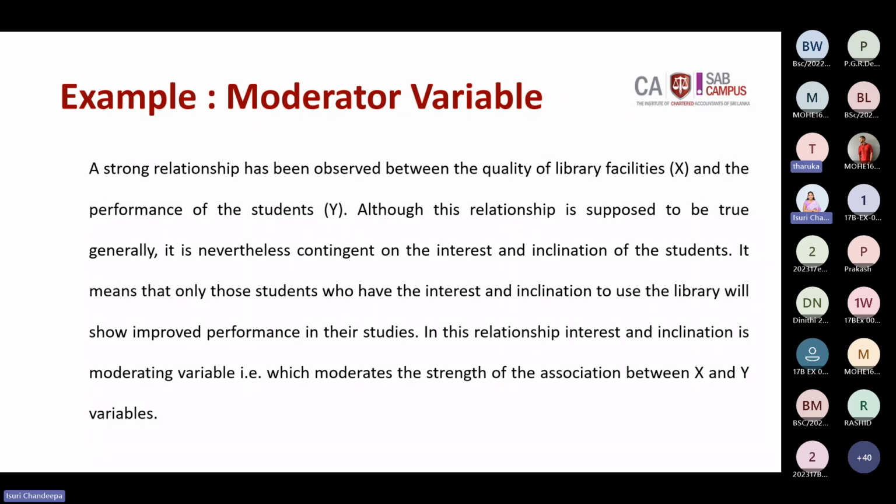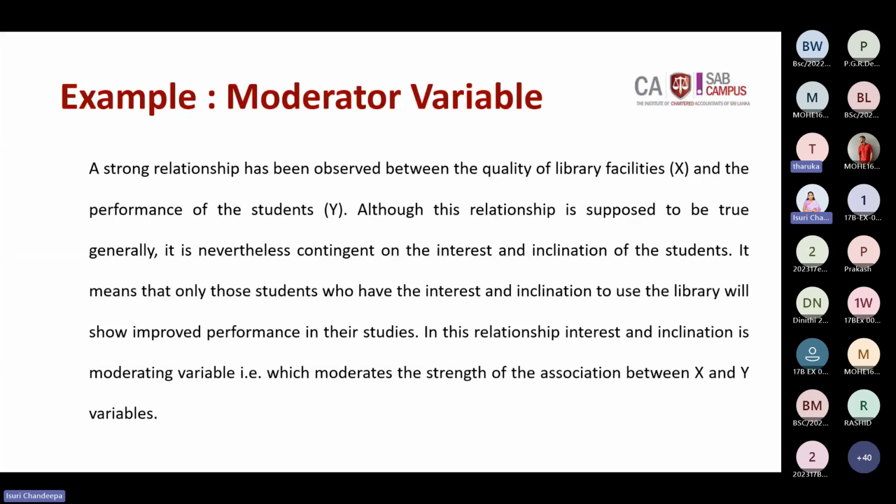So in this relationship, interest and inclination is the moderating variable, which moderates the strength of the association between X and Y variables, right? The relationship between X and Y variable is modified, is changed, or else in here the moderator is going to strengthen the relationship or association between X and Y variable.